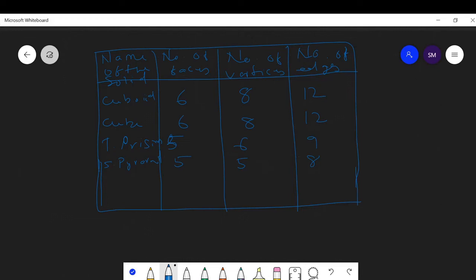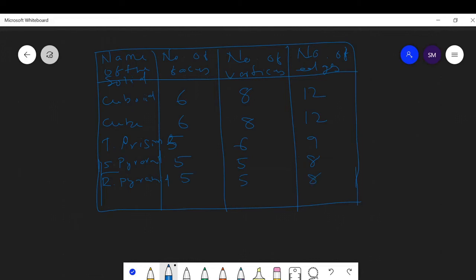It is the same as the square pyramid; the only difference is that the square pyramid has one square face and four triangular faces, while the rectangular pyramid has one rectangular face and four triangular faces. Here also, a total of 5 faces, 5 vertices and 8 edges.